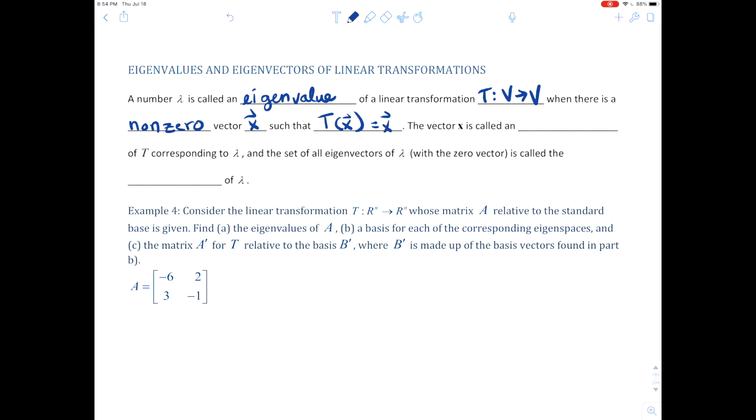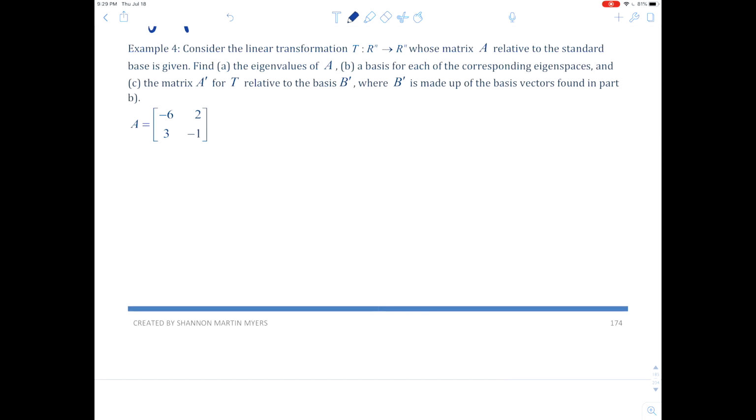The vector x is called an eigenvector of T corresponding to lambda, and the set of all eigenvectors of lambda with the zero vector is called the eigenspace of lambda. Okay, let's tackle example 4.